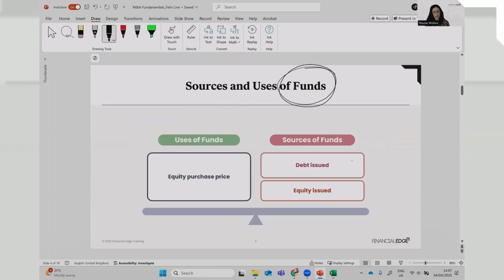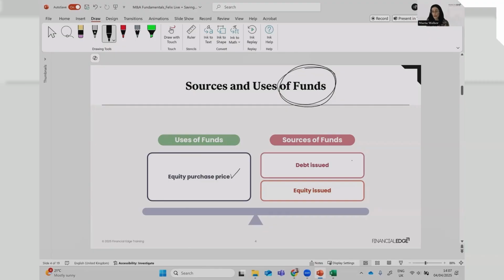Decision number two is, okay, now I know what I'm paying, how am I going to pay for this? The financing decision. This is where we're going to do a uses and sources of funds table. Under the uses of funds, we've got the equity purchase price. That is what I'm paying.